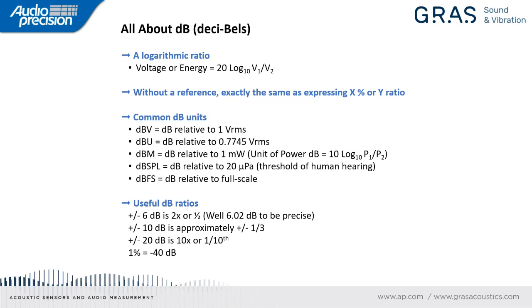Now, this is a logarithmic ratio, so to be really precise, it's 6.02 dB is doubling or half. 10 dB is approximately a third. And 20 dB is 10 times. So 1% is minus 40 dB.